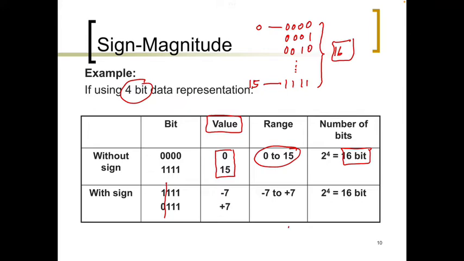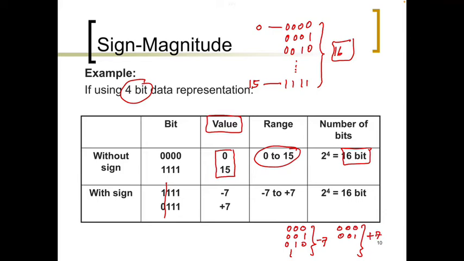We have 0 0 0, 0 0 1, up to 1 1 1, and the total here is 7. When we have sign, that means we have negative for signs, and we also have 0 0 0, 0 0 1, another 7 for the positive numbers.